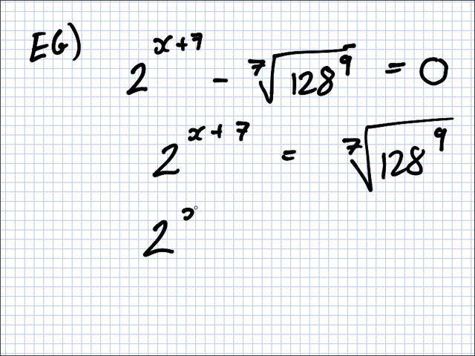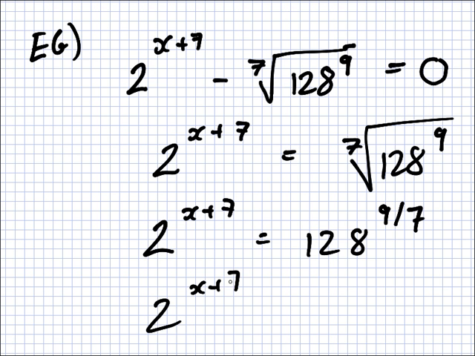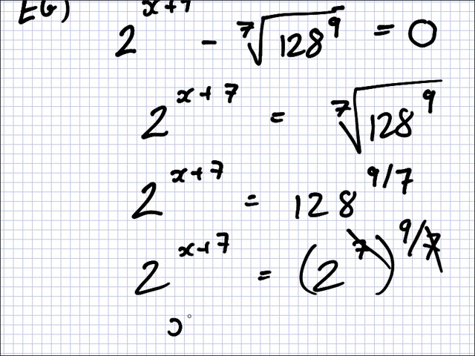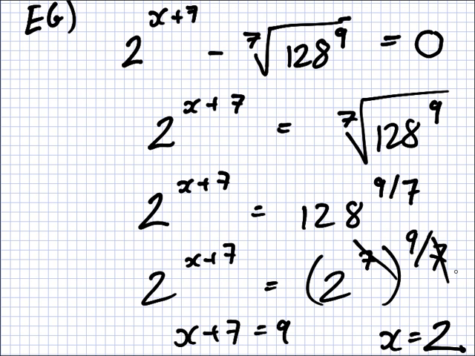So 2 power x plus 7 equals 128 power 9 over 7. Next, 128 can be changed into 2 to the power of 7. It becomes 2 power 9, they cancel. So x plus 7 equals 9. Okay, that's our second example.